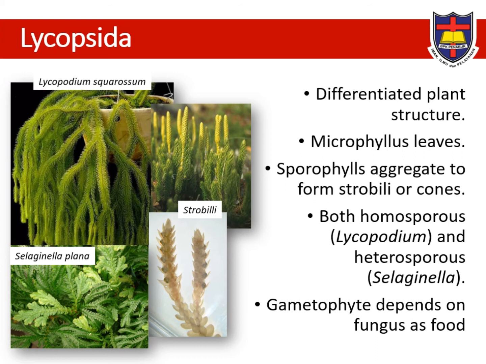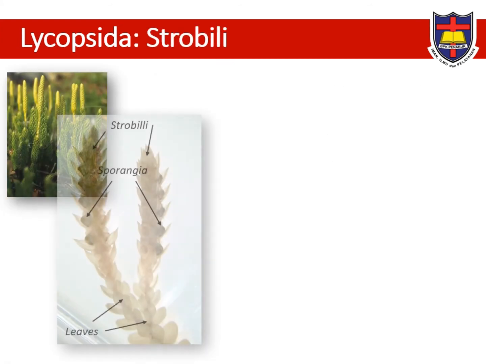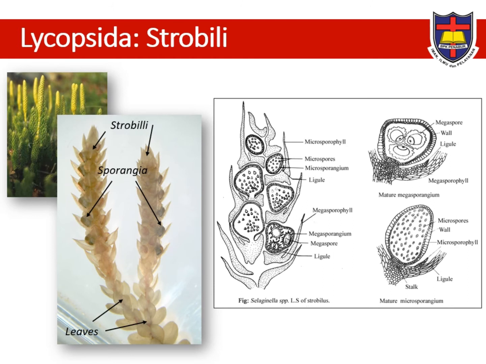They have both homosporous species and heterosporous species. Their gametophyte depends on fungi as the source of food. Here you can see several pictures that describe their strobili.